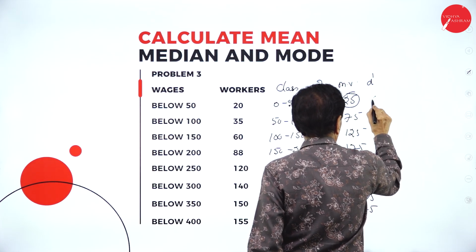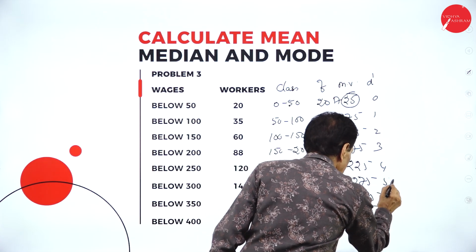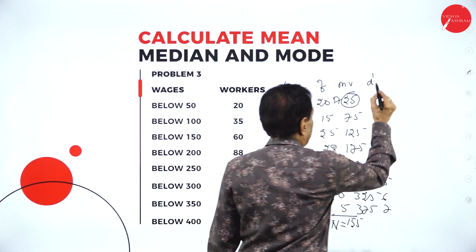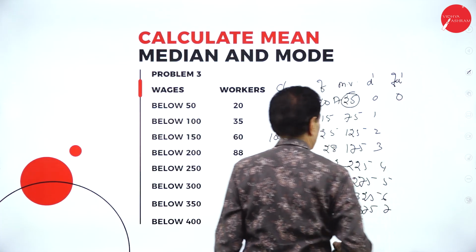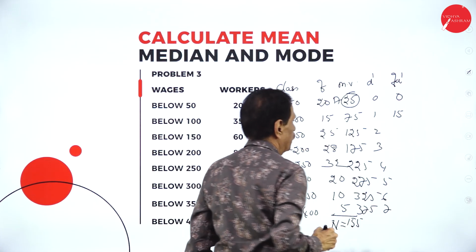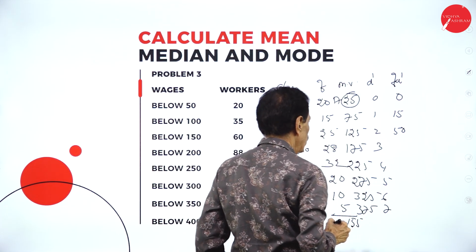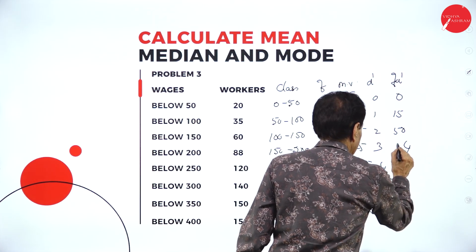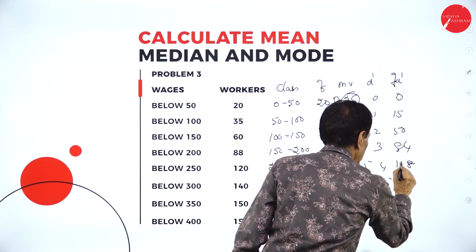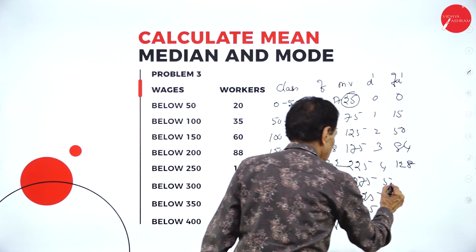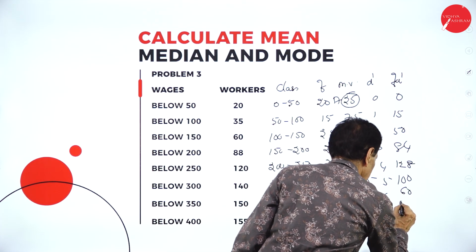Then D dash as 0, 1, 2, 3, 4, 5, 6, 7. FT dash: 20 into 0 is 0. 15 ones are 15. 25 twos are 50. 28 into 3, 84. 32 into 4, 128. 20 into 5, 100. 10 into 6, 60. 35.